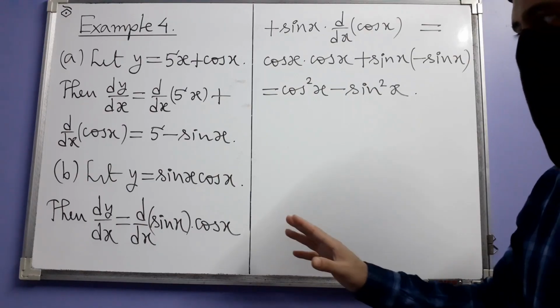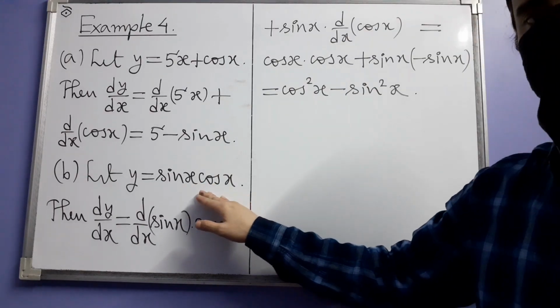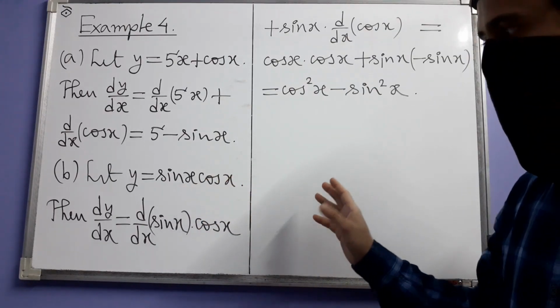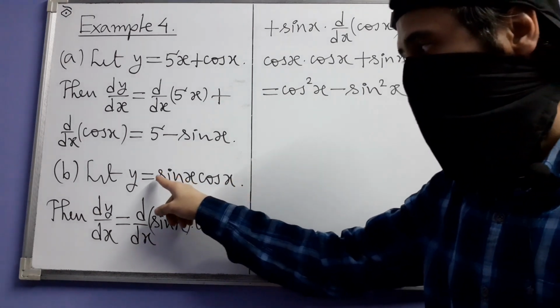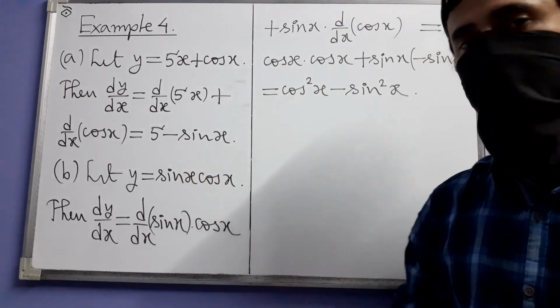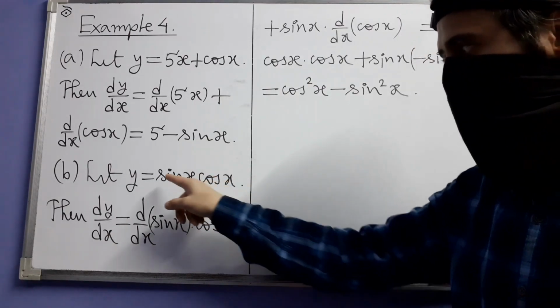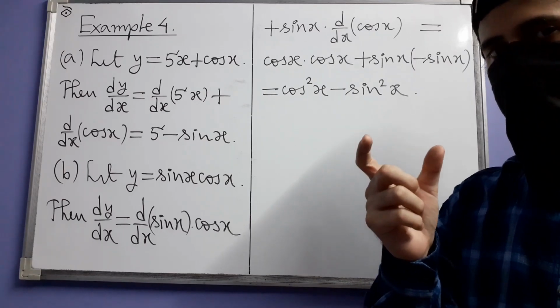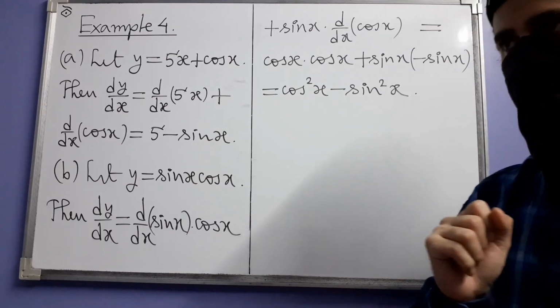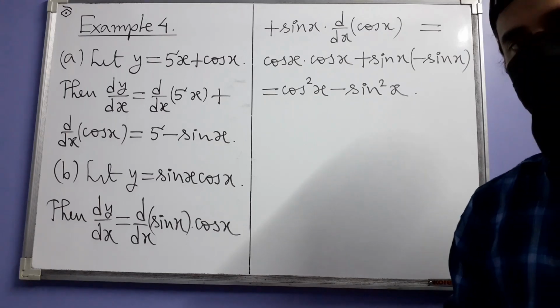There is a faster way of differentiating this by applying another such trigonometric identity in the beginning itself. If you multiply and divide this expression by 2, you get 2 sin x cos x divided by 2. 2 sin x cos x is sin 2x, and then you can differentiate sin 2x.